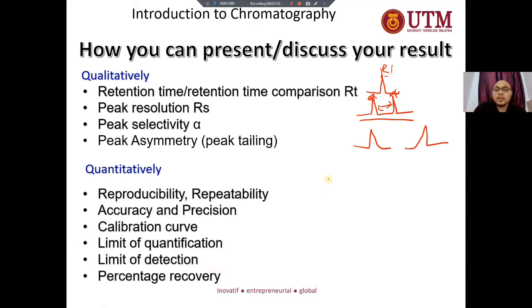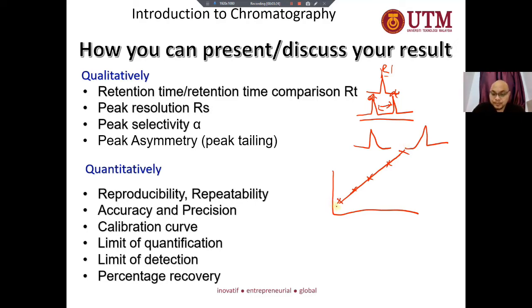What is a calibration curve? A calibration curve is where you run the analyte at several points, for example 1 ppm, 2 ppm, 3 ppm, 4 ppm, and 5 ppm. This calibration curve is really important for quantitative analysis. Without it, you cannot determine the amount or concentration of your analyte of interest.